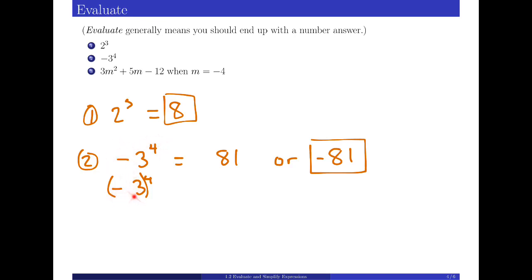In this case, we have the parentheses that we would take care of first. So here we have (-3) to the fourth. So this would be -3 times -3 times -3 times -3, which is going to give us a positive 81. So this one would be a positive 81, and the -3 to the fourth is a -81.